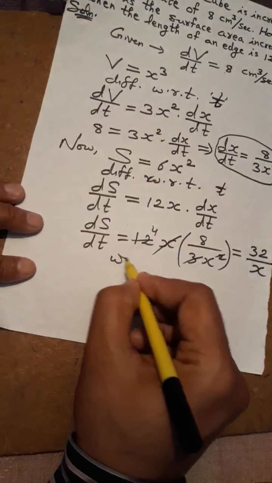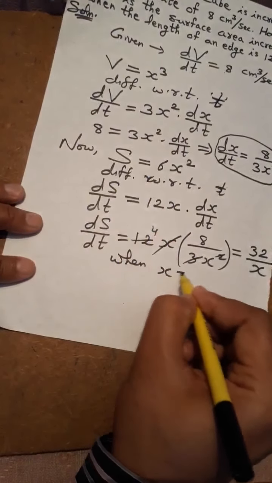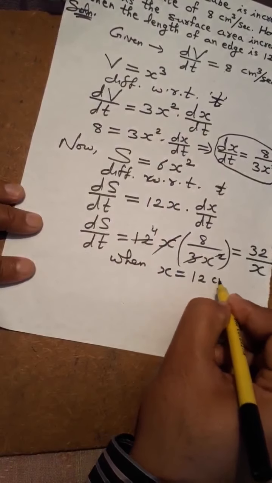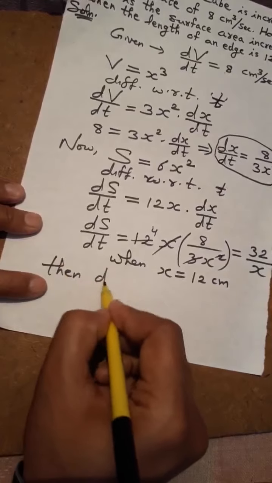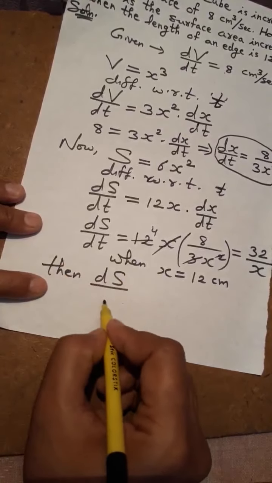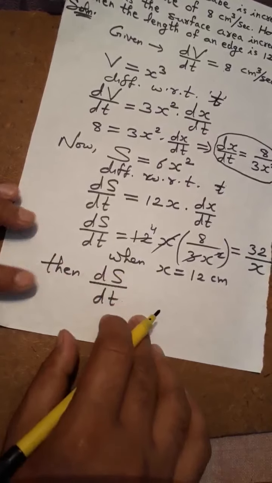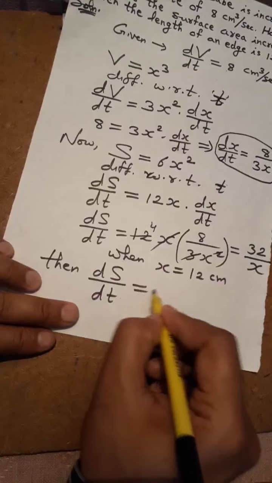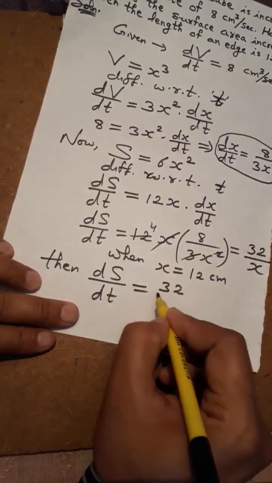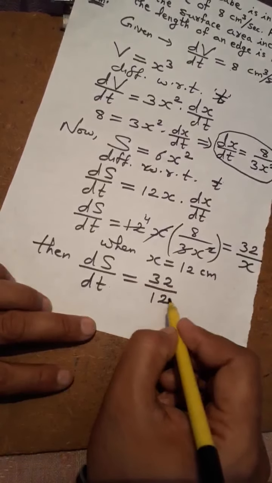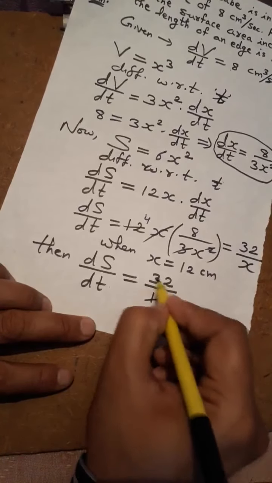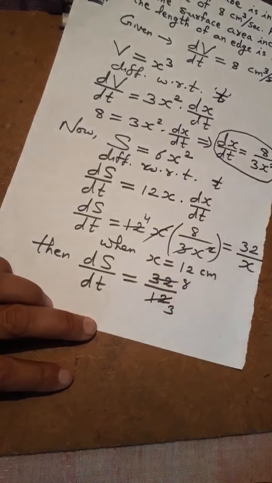Now it is given in the question that the length of the edge is 12 centimeter. So when x is equal to 12 centimeter, the rate of change of surface area with respect to t is equal to 32 by 12. By simplifying, this is 8 by 3.